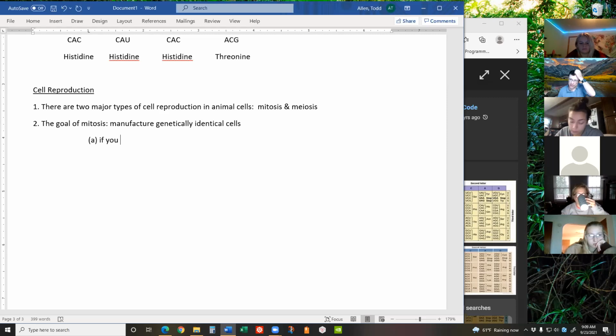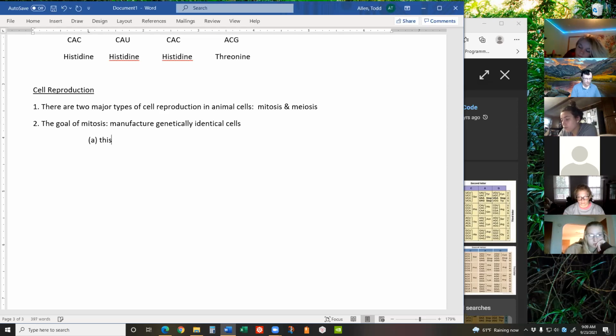But obviously that area of your body will scab over and your body will attempt to heal itself. And some of the healing will involve making new cells to replace the damaged tissue. Well, the new cells are going to be made by mitosis, and they are made in such a way that they should be identical to the previous cells that were damaged. So the goal of mitosis is to manufacture genetically identical cells.